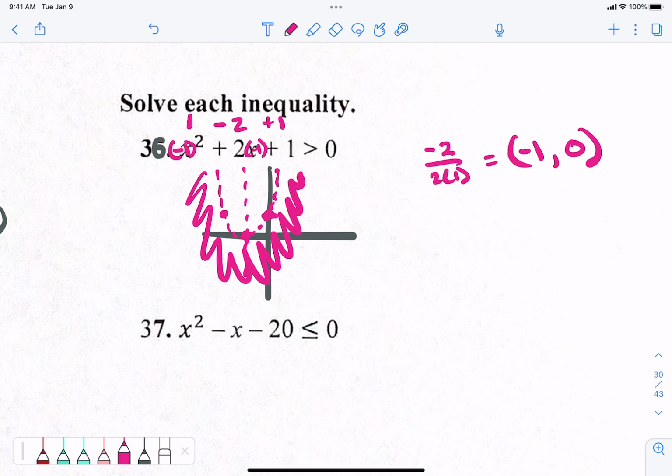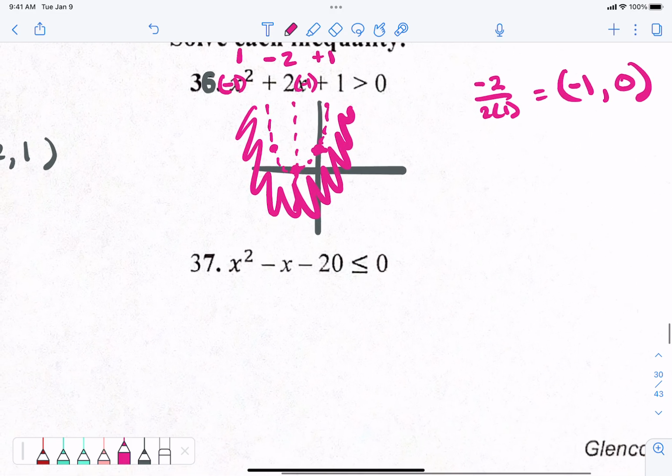You just have to graph it. Your vertex in that case just so happens to be the x-intercept also. Your vertex is your zero. Not too bad.